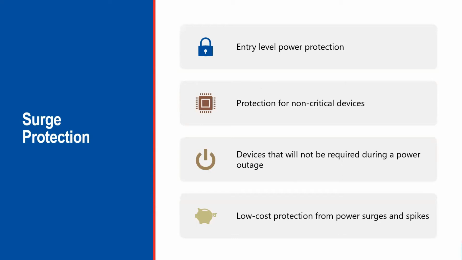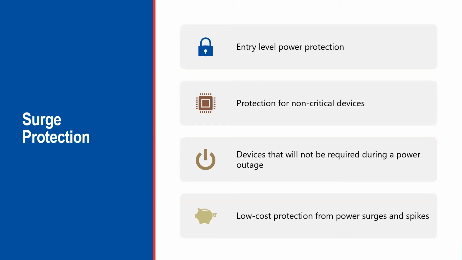But before we go into the types of backup power protection, I do want to go over briefly surge protection and the value that surge protection does offer. It is the most inexpensive way to protect any equipment, but must only be used on devices that will not be required during a power outage, primarily non-critical devices.